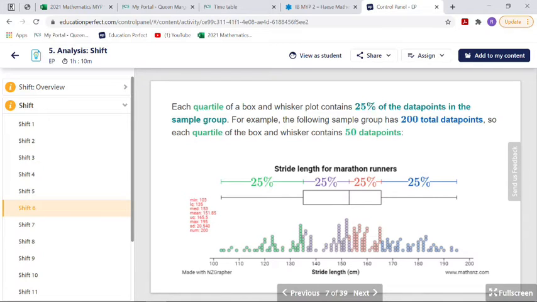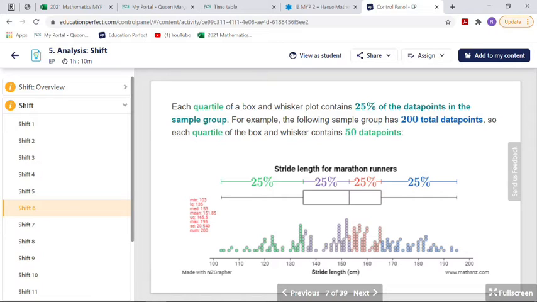Now, remembering the percentages, we've talked about this a little bit already. Each quartile box contains 25% of the data points in that sample. So if this was 200 data points, then this would be 50, that would be 50, that would be 50, that would be 50. Remember, the bigger a box is doesn't mean it contains more. It just means those values it contains are more spread out, right?